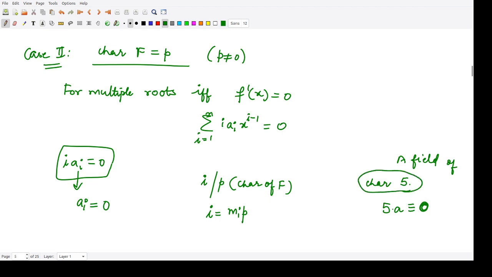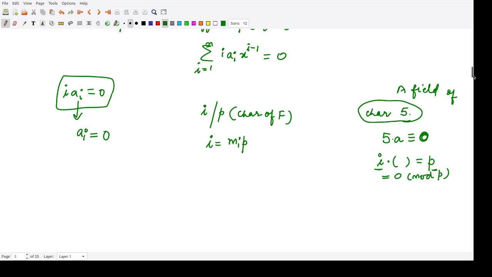So similarly, if this i is divisible by p, so that means i is p times something else, that means p divides i. In that case also this would be equivalent to 0 mod p. Right? So this is the property for characteristic and modulo p. So this i would be equal to mp.